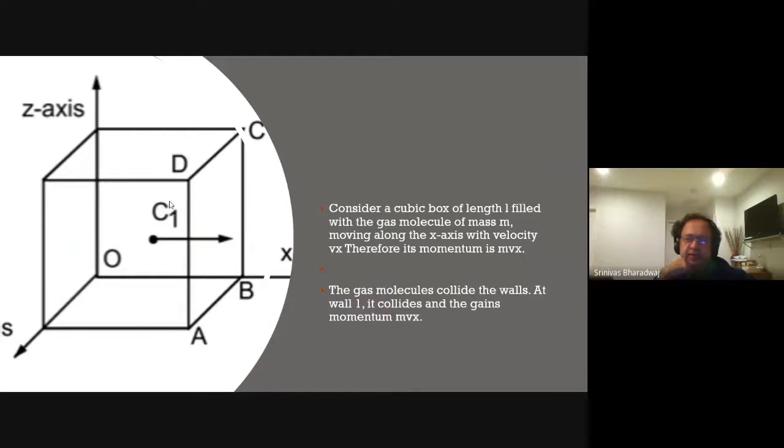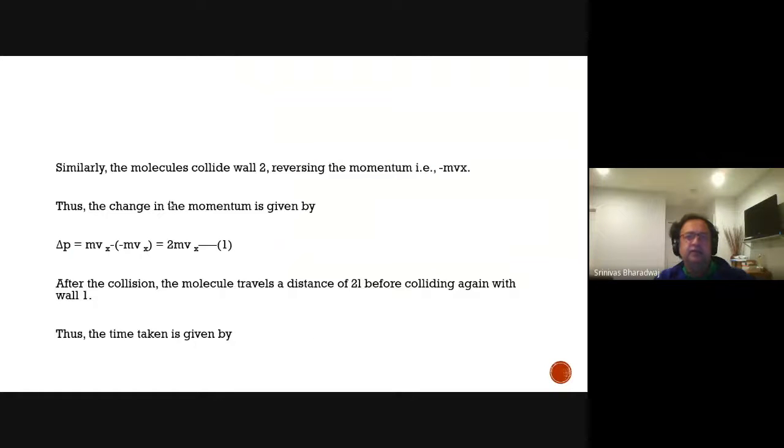Therefore, its momentum is m times vx. The gas molecules collide with the walls. At wall 1 it collides, and then its momentum changes. Similarly, it collides with wall 2, and then its momentum reverses, right? So the change in momentum when it hits the wall is given by 2mvx.